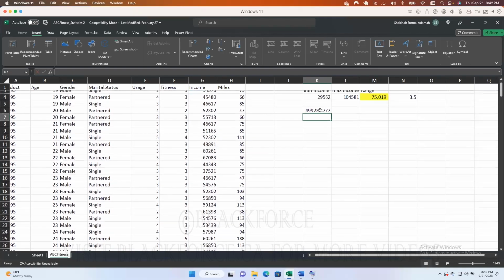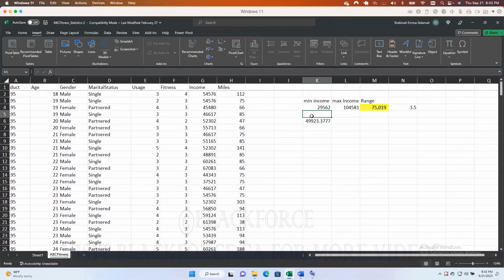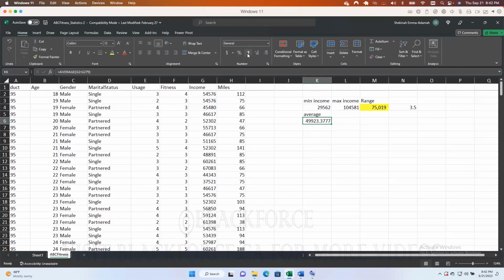So this is your average income, 49K naira. Does anyone want to tell us what the median is?